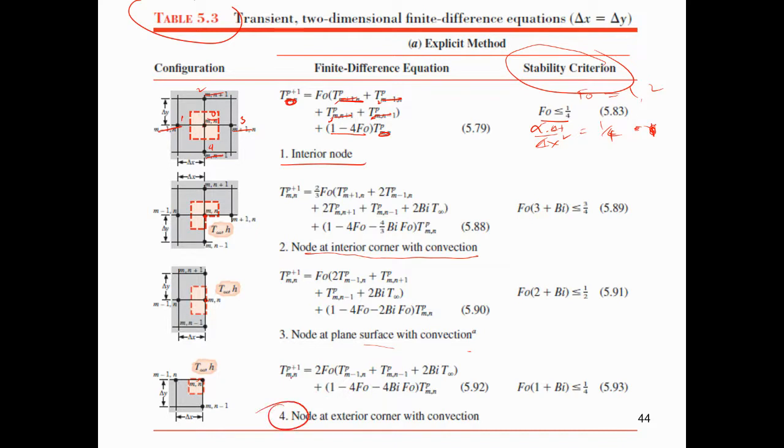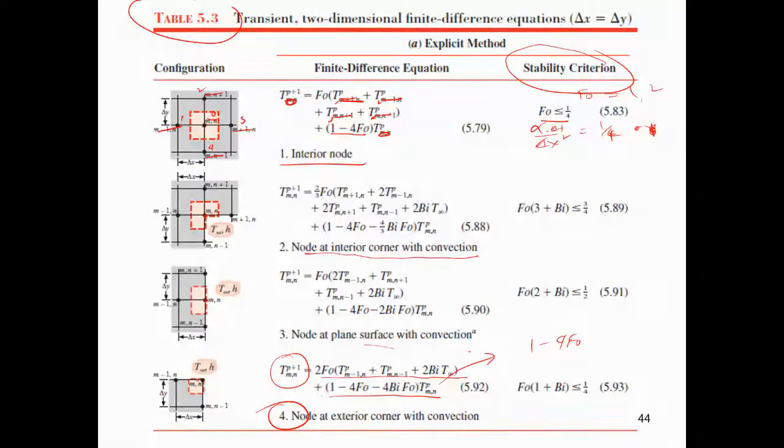Look at this one, T P plus 1 equal to 2 F0, all of this. You can do the same way, and after simplification you will get this type of equation. So 1 minus 4 F0, 4 beta I F0. Here this term we somehow make 0.